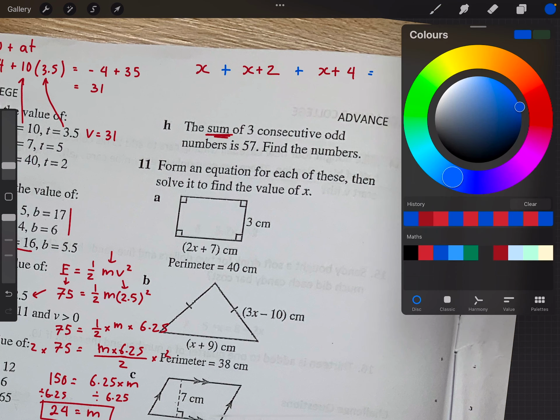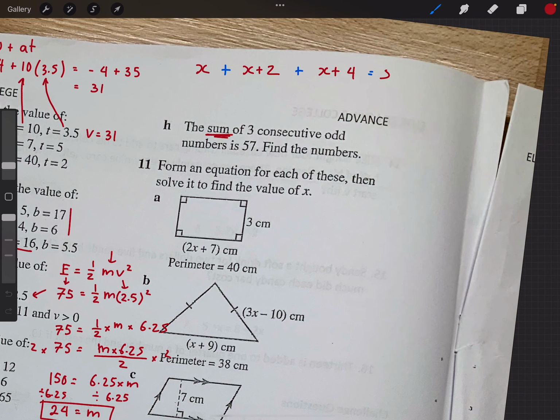And that's going to give you your 57. So let's collect the like terms. You got x plus x plus x. That makes 3x. Now let's add the other like terms. 2 plus 4, that makes 6, equals 57. Now we just have to solve for x. I'll leave that to you.